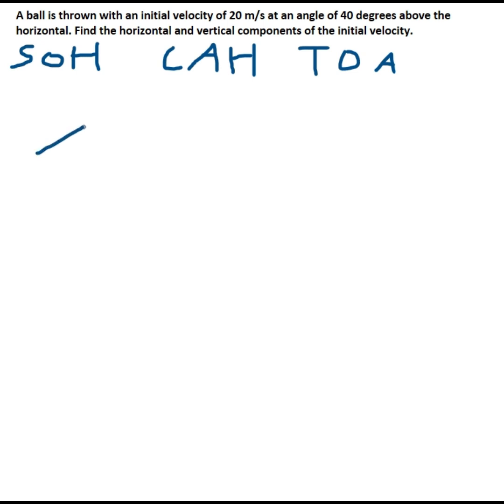If we draw this out, we see that we'll need to use the cosine to find the x component and sine to find the vertical component.